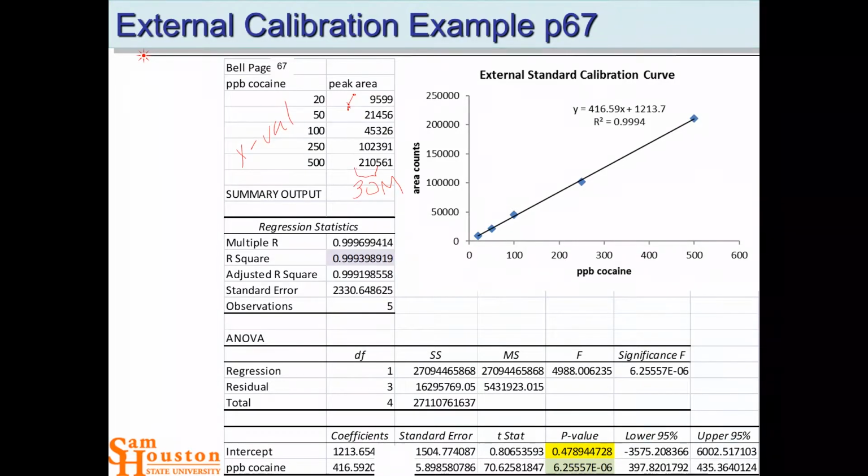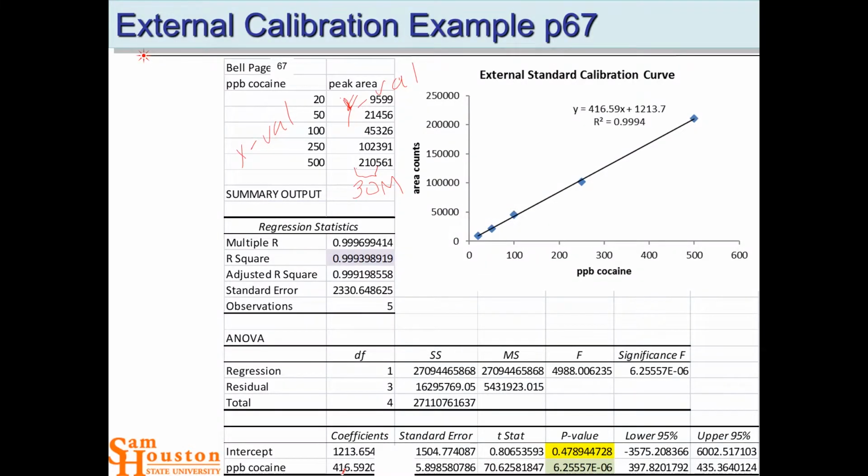Or X input and Y input, I think they call it in the data analysis. Run the linear regression, we get the same R squared value, which is satisfying. And then down here we have our coefficients. Our intercept comes in at 1213, and our parts per billion comes in at 417.